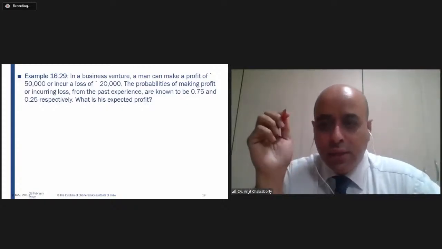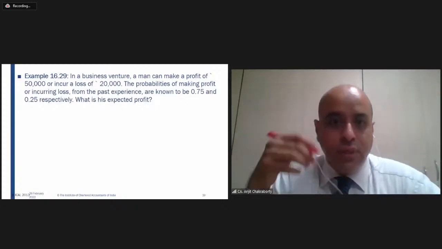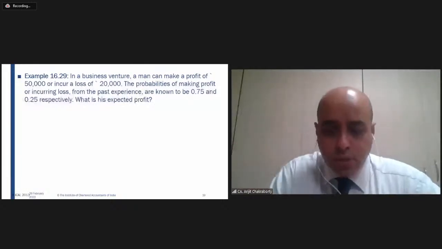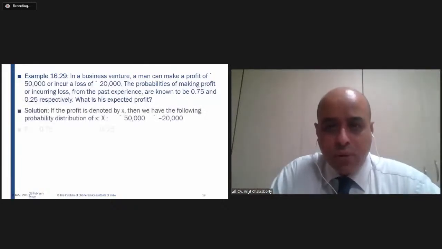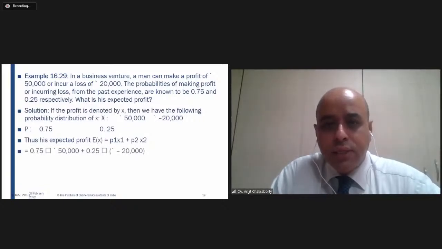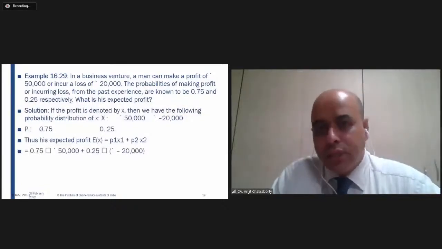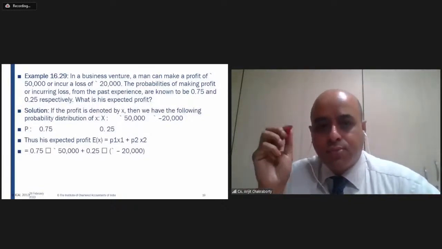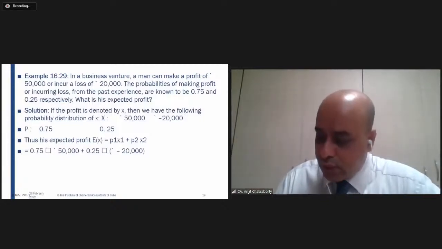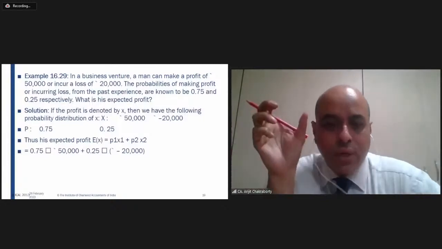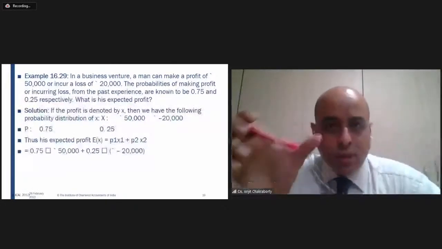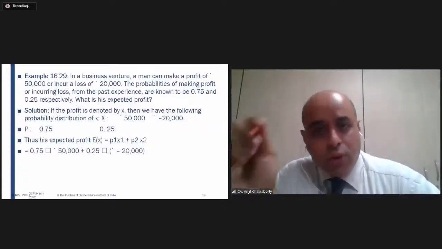Please work out with me. The second situation is what? If he incurs a loss. The loss is 20,000. So if the loss is 20,000, then the probability of losing is 0.25. So the product is 20,000 into 0.25.